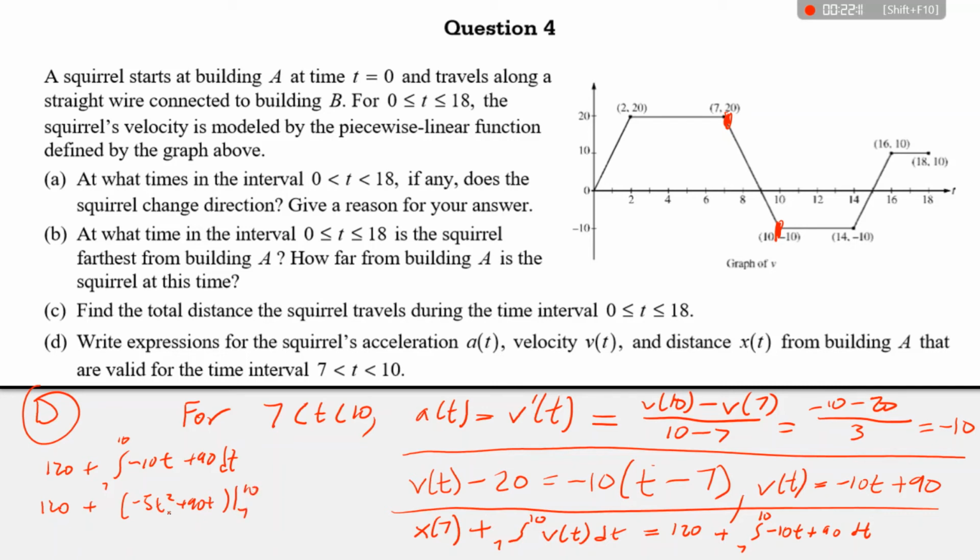Okay, so I'm going to plug in 10, subtract what happens when I plug in 7, and then add 120 to everything. So that's 120 plus, if I plug in the 10, what's going to happen?